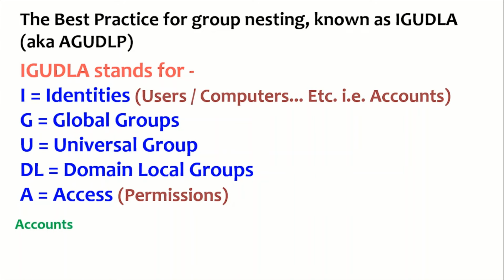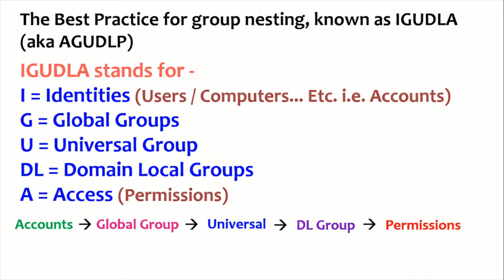So again, accounts will be members of the global group. Global groups will be members of the universal group. Now universal groups will be members of the domain local group, and we will assign permissions, or access will be granted, to the domain local group.